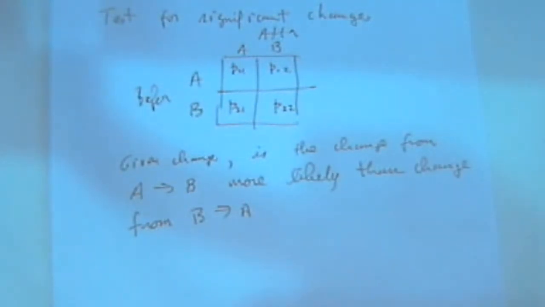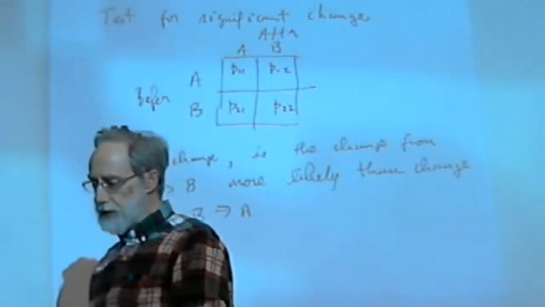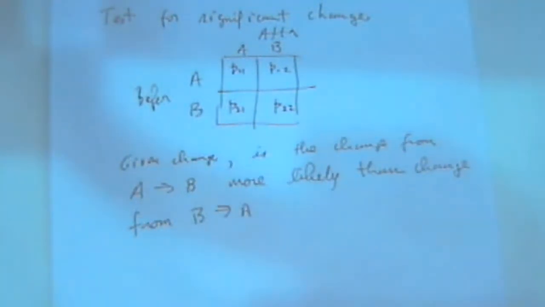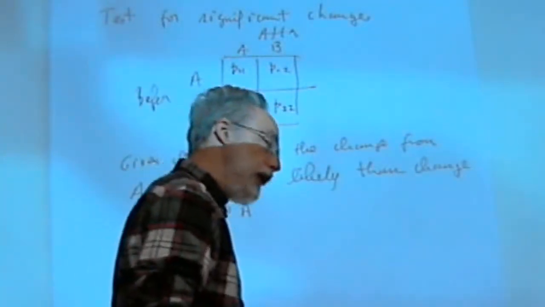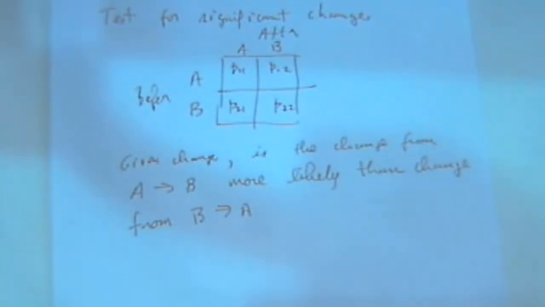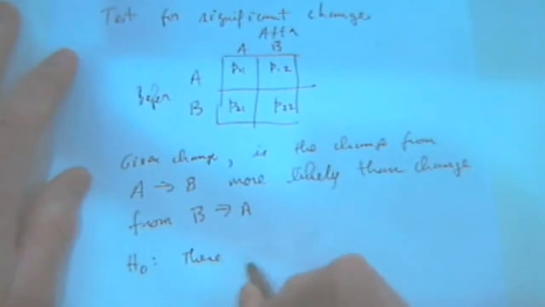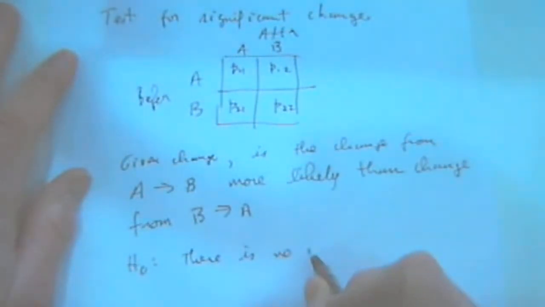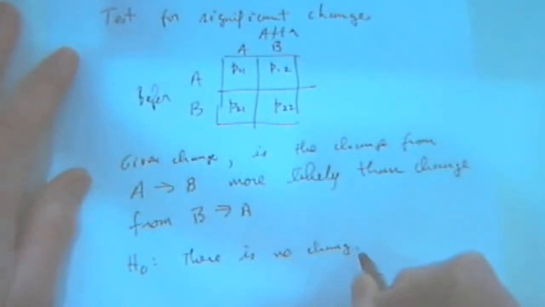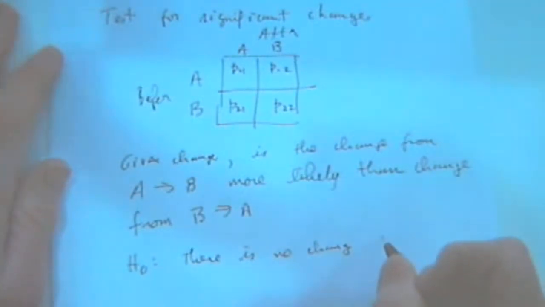The two-sided one: the null would be that there is no change one way or the other. The amount of change is the same.